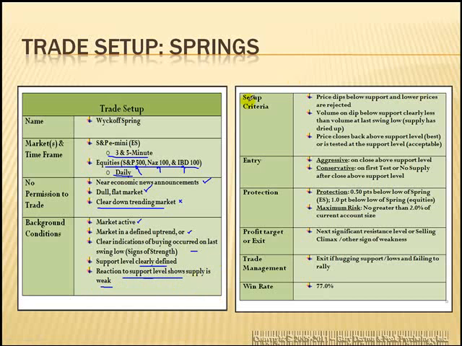Okay. Setup criteria: price dips down below support, lower prices get rejected. The volume on the dip down below support is clearly less than the volume at the last swing low. That's a good little indicator for somebody just learning this trade setup. That being said, you will see springs which have higher volume on the dip down below support than the last swing low that establishes support.